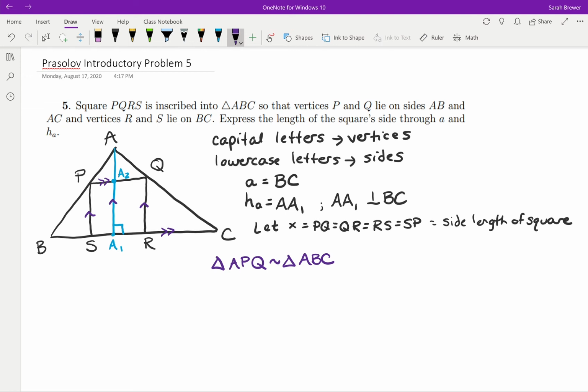And, well, what else do we know? We know that that's a right angle, of course. We know that AA2 is perpendicular to PQ, right? If we have one line perpendicular to a pair of parallel sides, then it's necessarily perpendicular to the other.